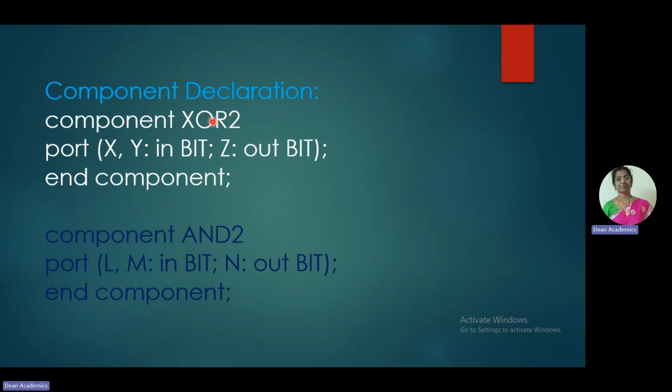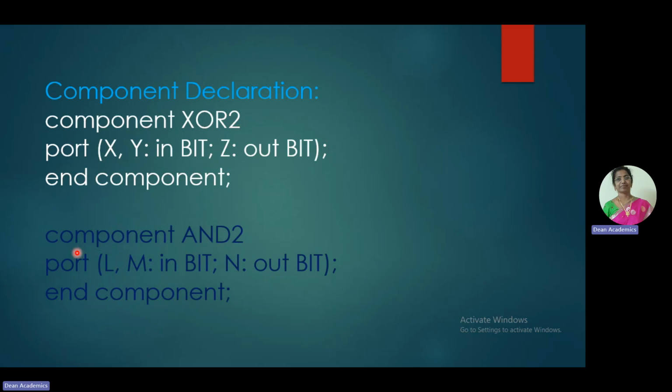This is the name of the gate that we are giving. You can give any name. So here component XR2, it is port. We have to mention in this what are the input ports and output ports of this logic gate. So port X comma Y, and they are of bit type data. So in bit and Z out bit type data, and end component. So this is the component declaration for exclusive OR gate.